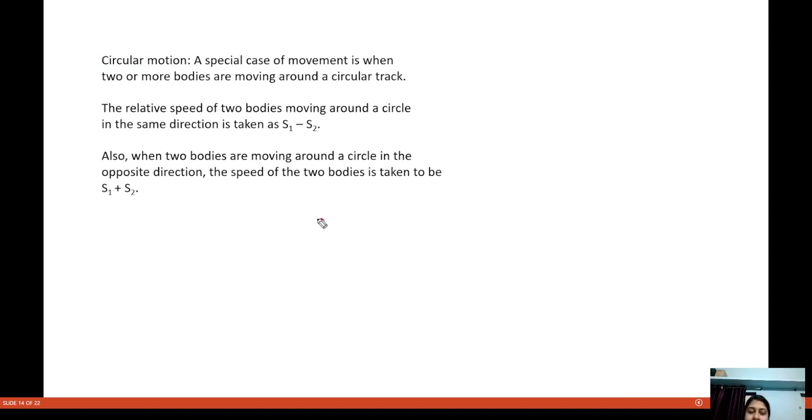So you have a circular track, and two bodies are moving on the circular track. If they are moving in the same direction, their relative speed will be taken as s1 minus s2.